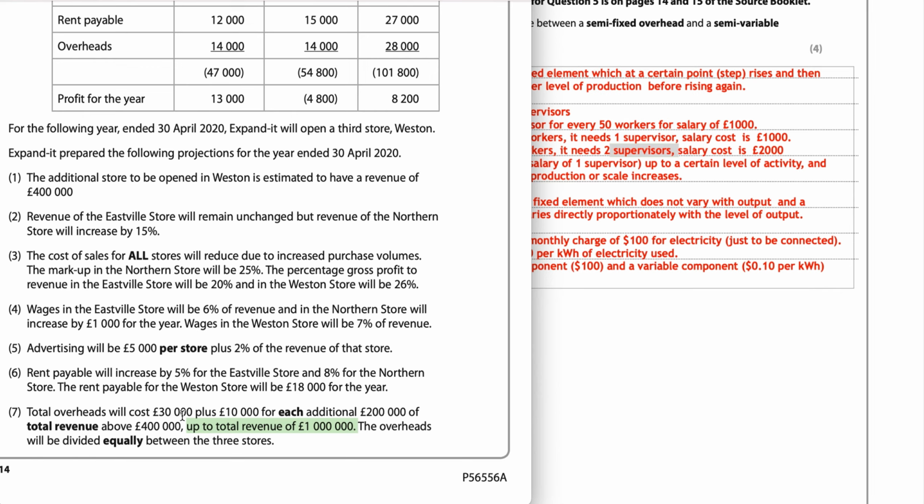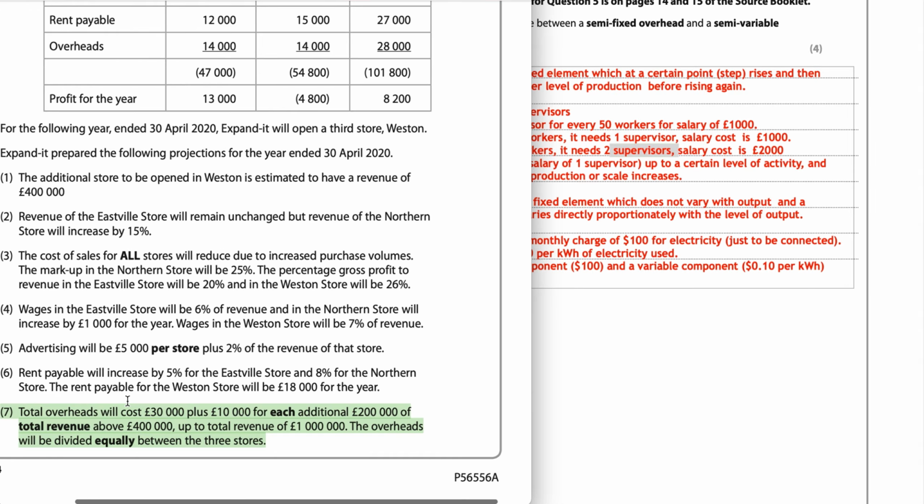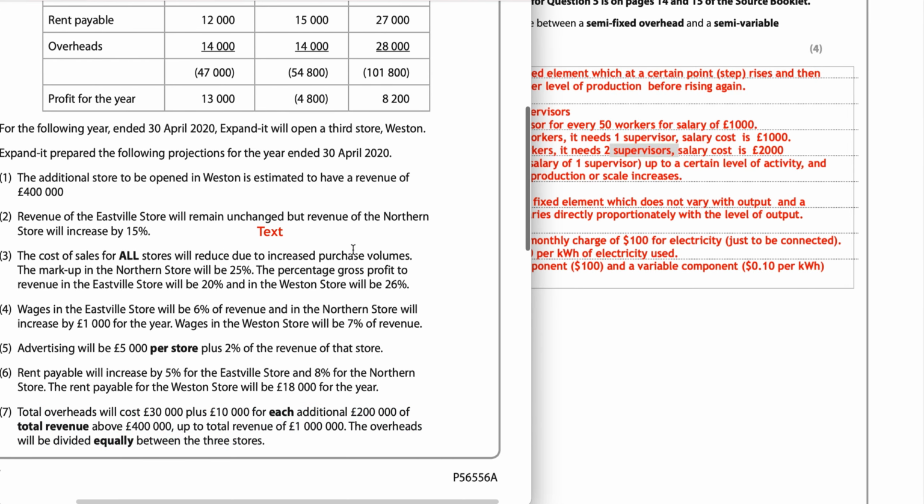So there is a fixed cost, and this cost suddenly increases by an additional 10,000 for every increase in revenue. Just like for every increase in workers, you will have to add more salary cost for the supervisor. So in this example, we learn this is a type of semi-fixed cost.